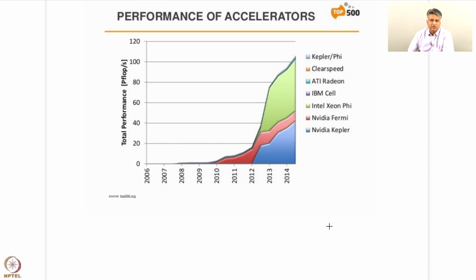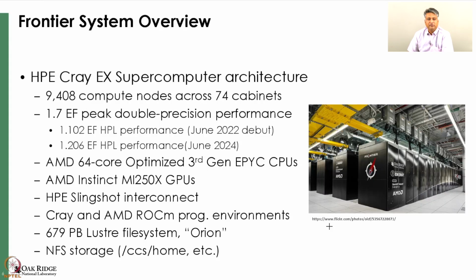Now we will look at the design of the world's fastest supercomputer, the Frontier system. These slides about the Frontier system have been made available by the Oak Ridge National Laboratory. The Frontier system essentially is a machine made up of 9,408 compute nodes. This machine is manufactured by the company HPE Cray, and these 9,408 compute nodes are spread across 74 cabinets.